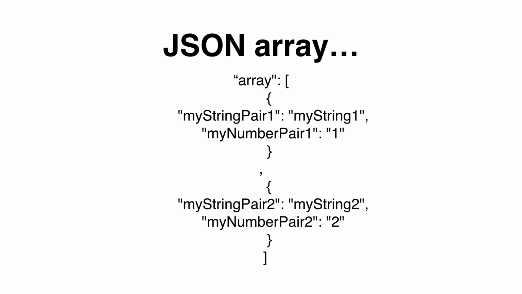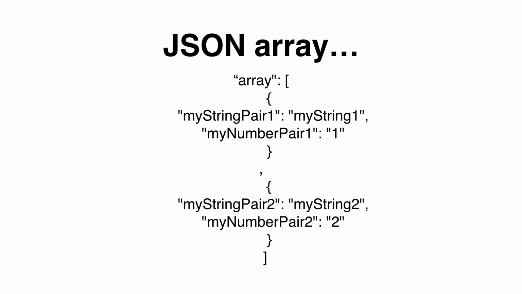This is an example of a more complex array pair called array with two object elements that each have two pairs. The first pair within the first element is called myString pair 1 that has a string value of myString1.